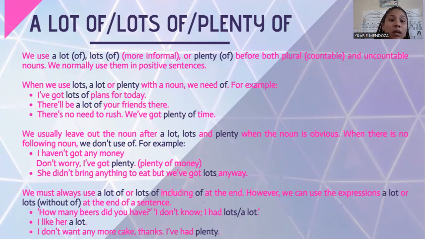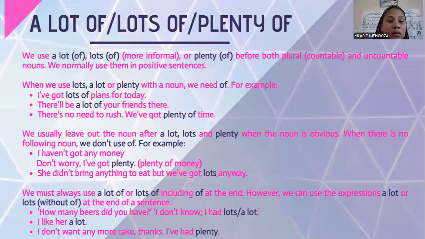We usually leave out the noun after a lot, lots, and plenty when the noun is obvious, or there is no following noun, with no use of.